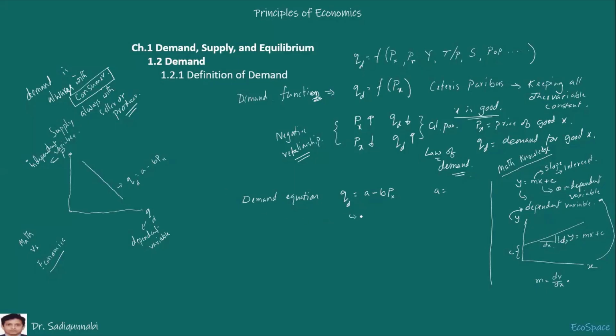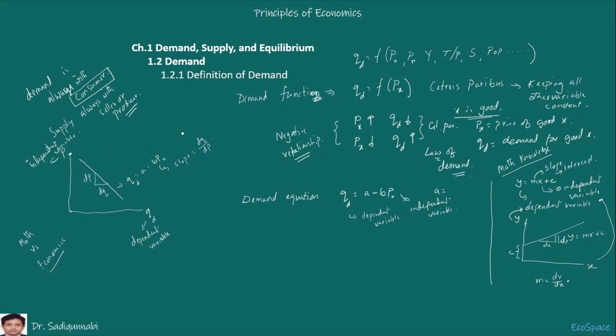This is the dependent variable, and this is the independent variable. Now tell me, where is A? So this is actually B. B is what? Slope. That means dq dp. Here is dp, and there is dq.